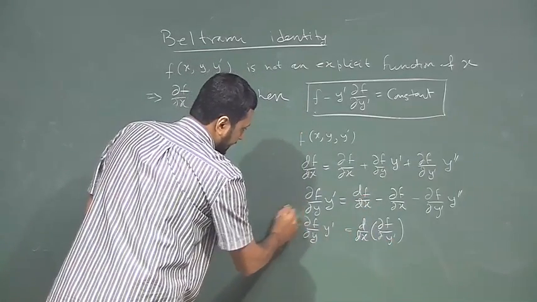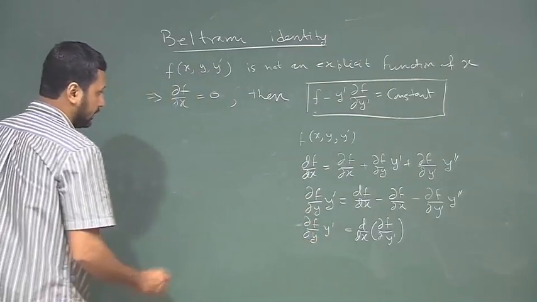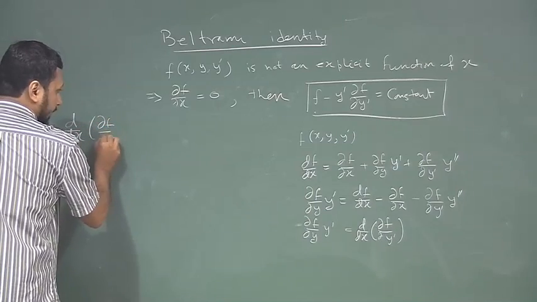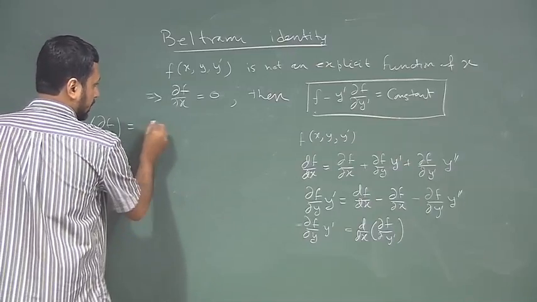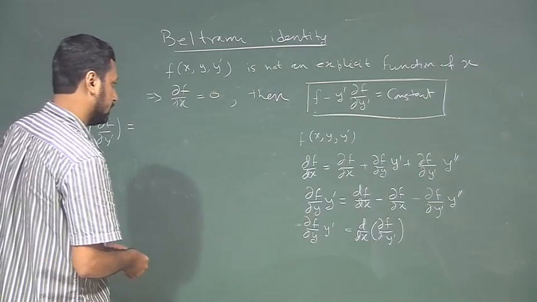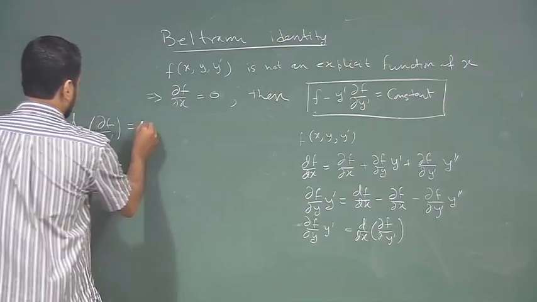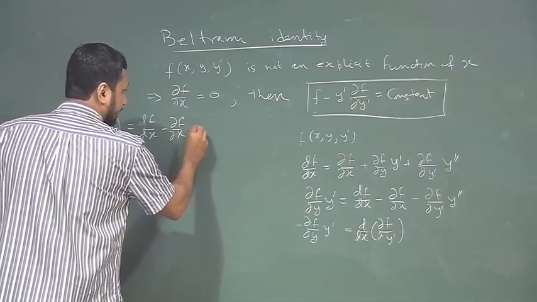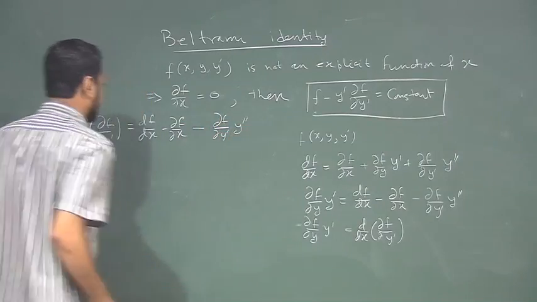Basically, if I subtract one from the other, then this side will be equal to 0, and so we can write d/dx of ∂f/∂y' is equal to df/dx minus ∂f/∂x minus ∂f/∂y' y double prime.